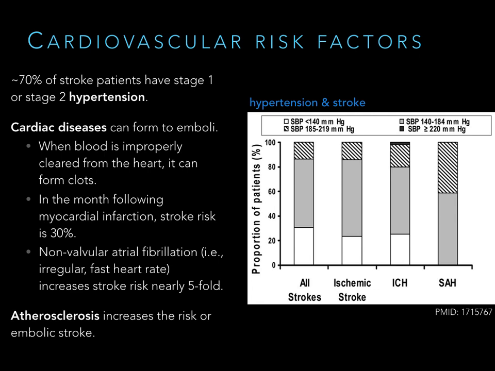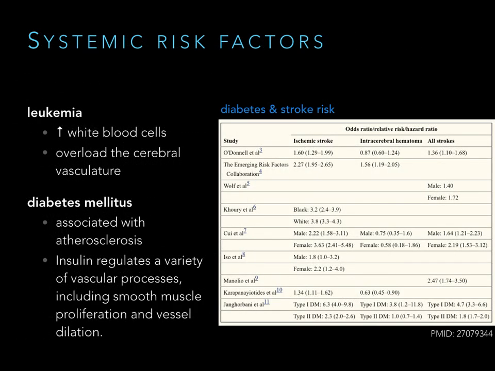Of course, as we've already mentioned, atherosclerosis is a major risk factor for ischemic stroke because it increases the likelihood of embolism by narrowing vasculature diameter. Aside from cardiovascular function, there are other systemic risk factors like leukemia. In this case, you're going to have an increase in white blood cell abundance.